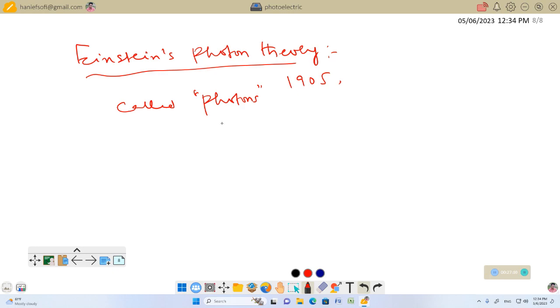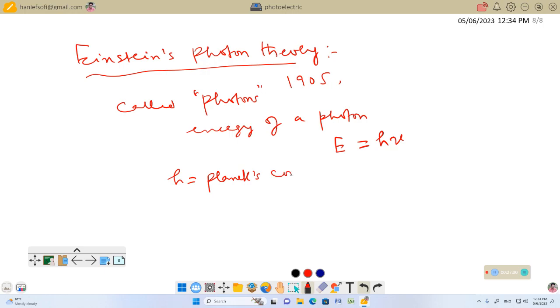Energy of a photon, E is h nu, where h is Planck's constant. We have already discussed it, with the small value 6.6 into 10 raised power minus 34 joule second, and nu is the frequency of light.